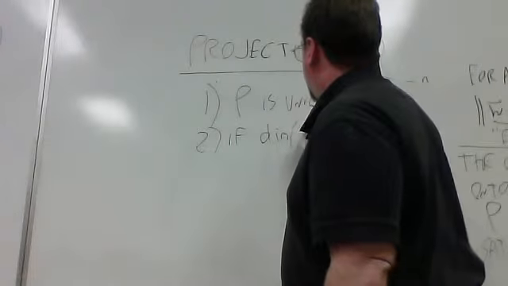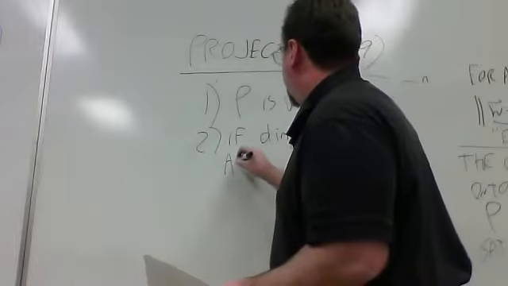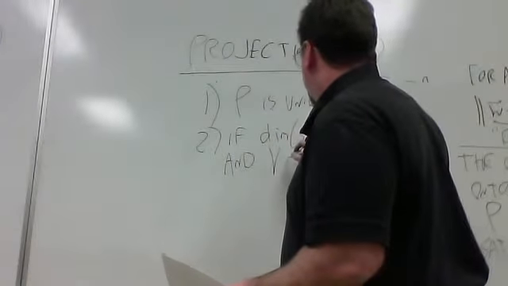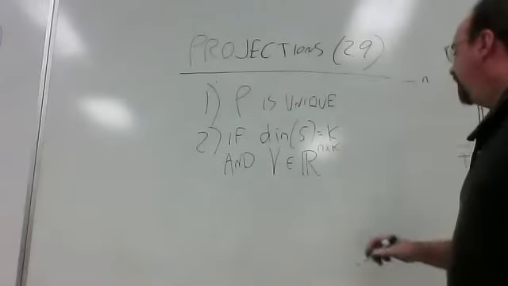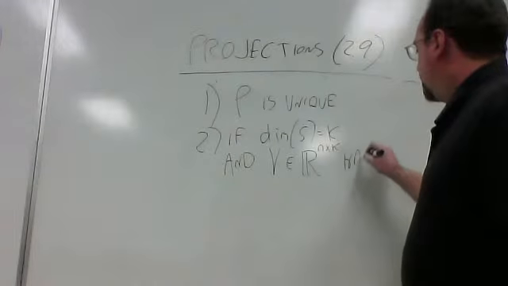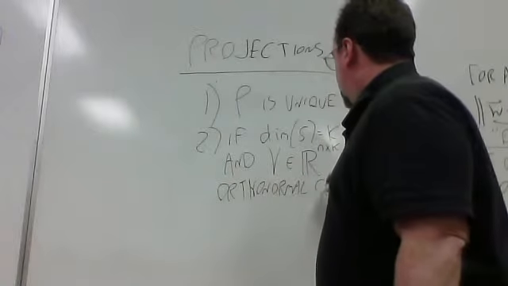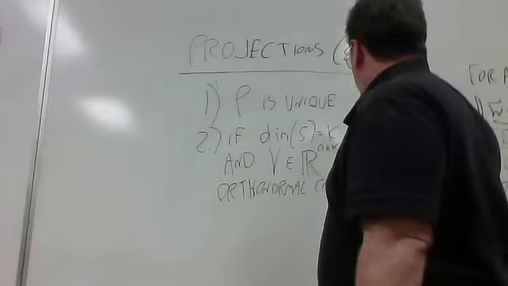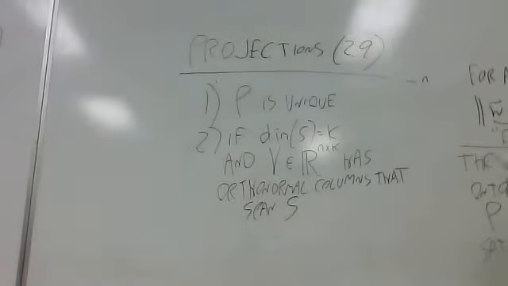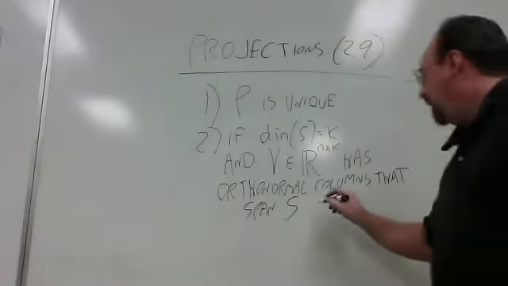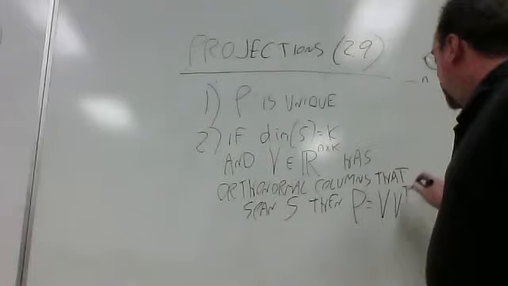If the dimension of your subspace S is equal to K, and V is an n by k matrix, so it's n rows, k columns, with orthonormal columns that span S, in other words, the columns of V form an orthonormal basis for S, then I can say that the projection matrix is equal to V times V transpose.